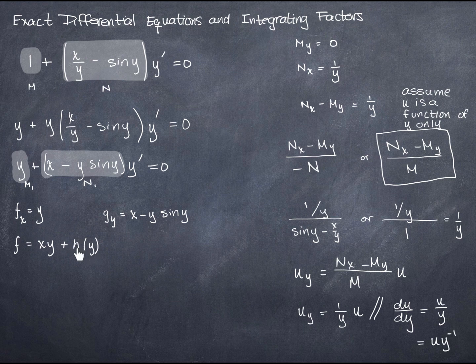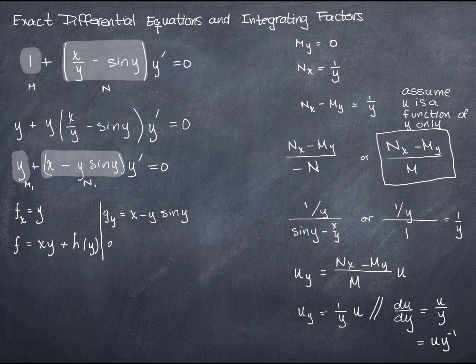And when I partially differentiate that function with respect to x, which is what I was doing here, I'm undoing that. If I differentiate h of y, a function only with y's in it, in terms of x, I'm going to get 0. So instead of a plus c here, I have a plus a function, but a function with the other variable in it.